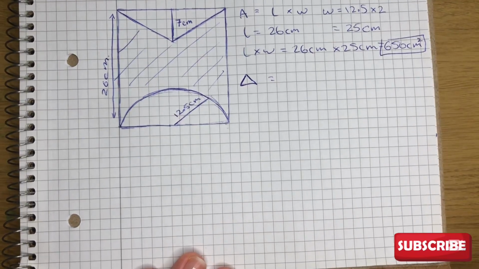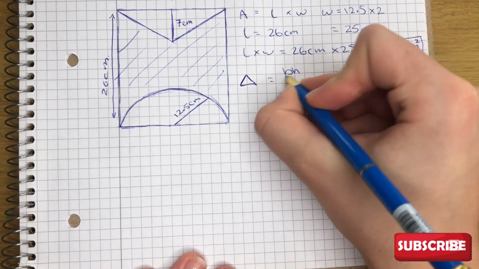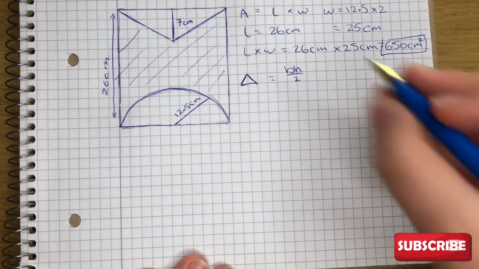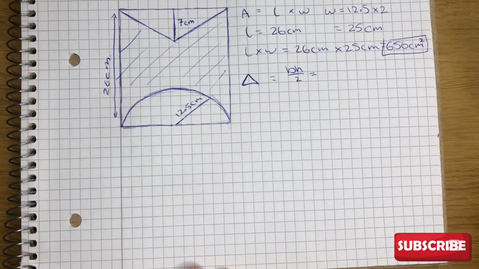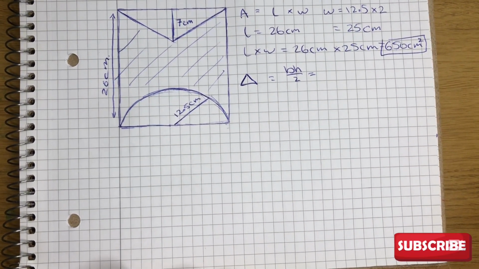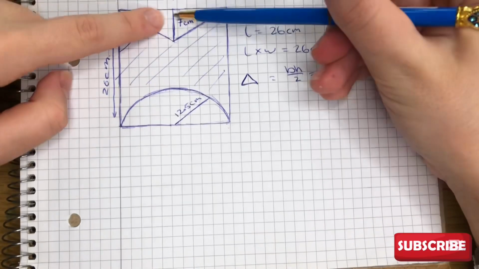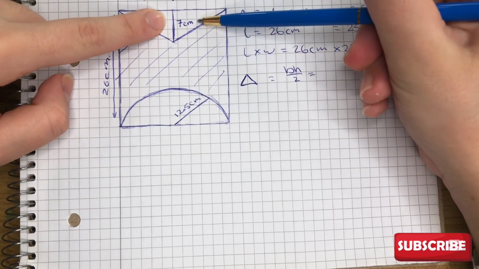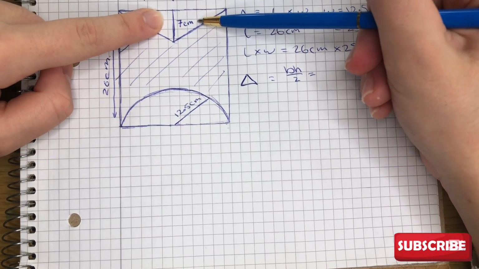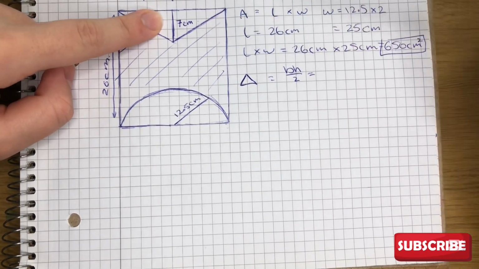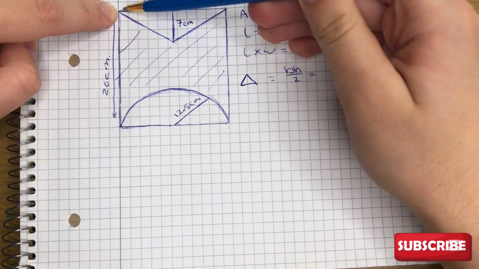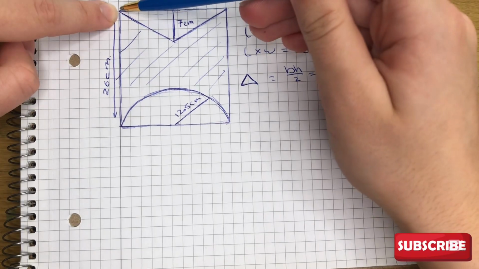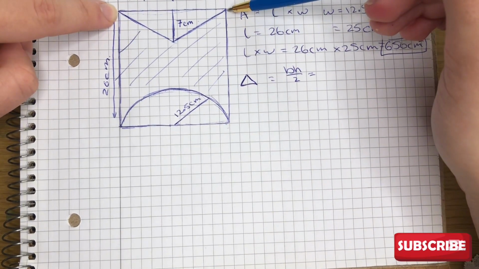What's the formula to find the area of a triangle? It is BH over 2. So what is our base and what is our height? Well, they've told us what the height is already. It is 7 centimeters. Problem is they haven't told us the base. Or have they? So the base of the triangle is exactly the width of the rectangle.